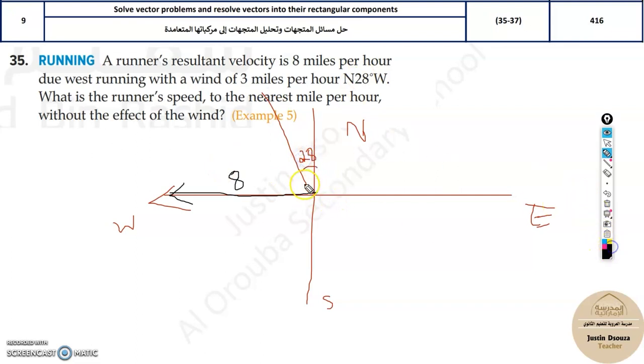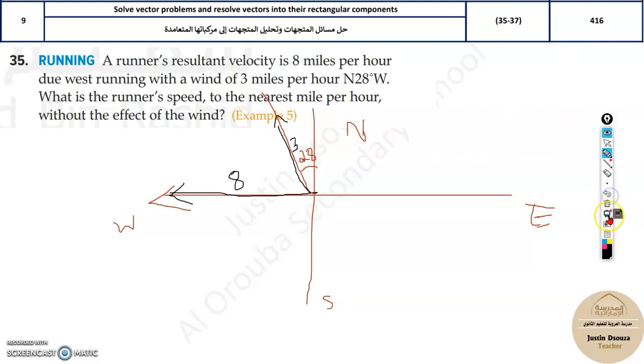Now this is the vector and that is 3. The magnitude is given. What is the runner's speed to the nearest mile per hour? Generally they will give you, say, a person running at this speed and the wind blowing in the opposite direction, and the resultant will be something like this. But in this case, they have given the final result and the wind, and we need to find the position of the runner.